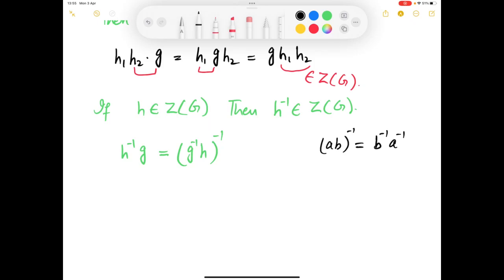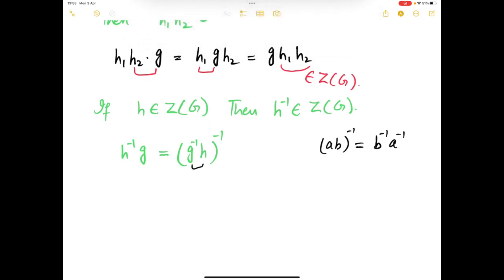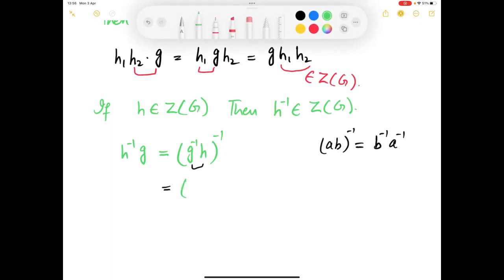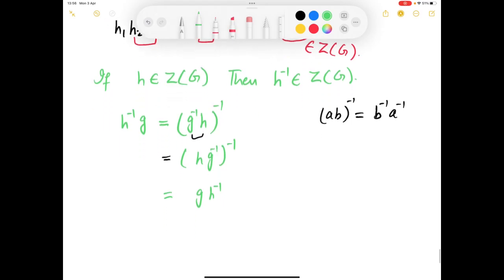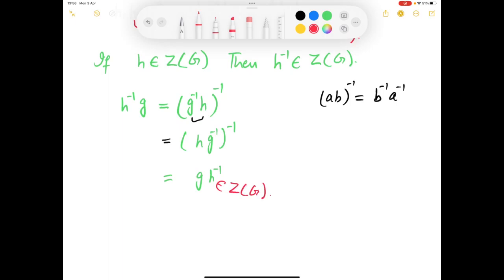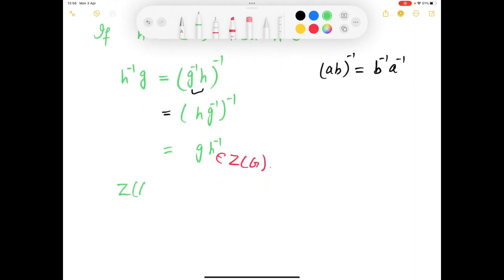Then we know h is in the center of the group, so it commutes with all other elements, which means (h g inverse) whole inverse, which is equal to g h inverse. We have again applied this property, which shows that h inverse is in the center of G. This shows that the center of G is a subgroup.